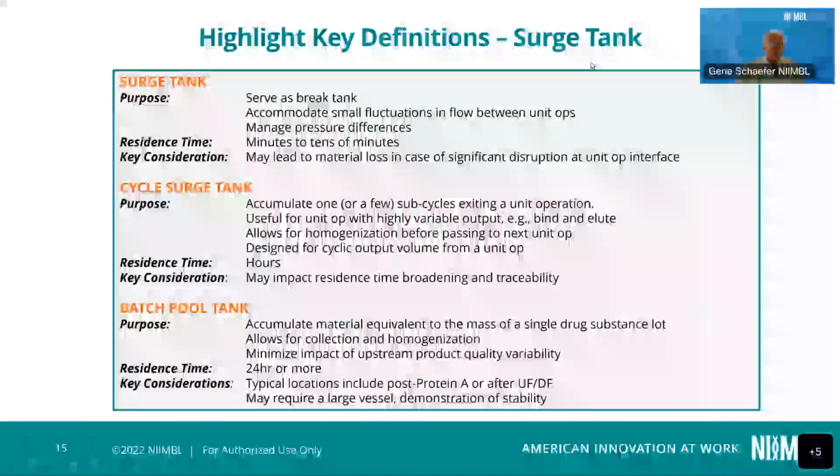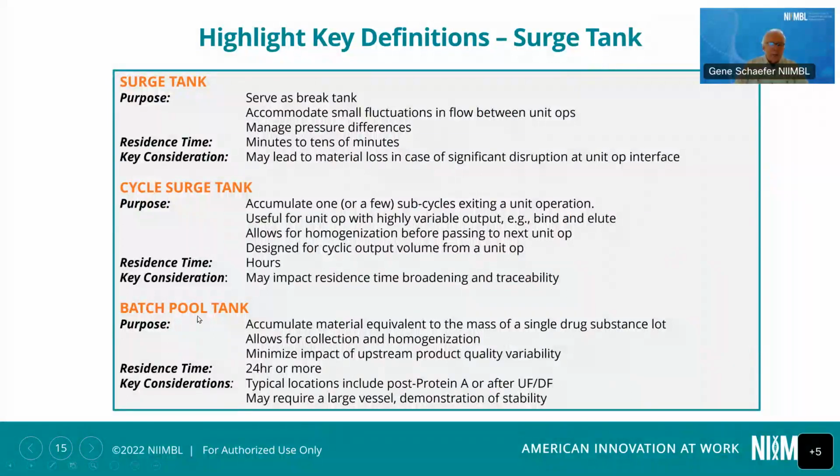And we also provided some definitions for the different types of surge tanks, really based on their volume and residence time. So a simple surge tank has a very short residence time. It's really more of a break tank between operations. A cycle surge tank has a longer residence time, and it accumulates one or more subcycles within a unit operation.